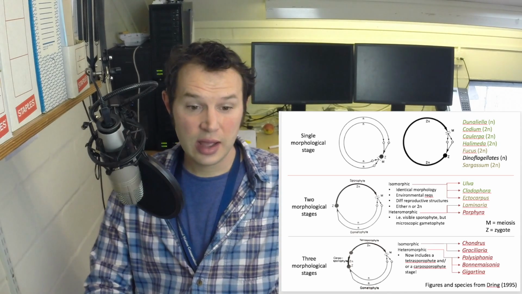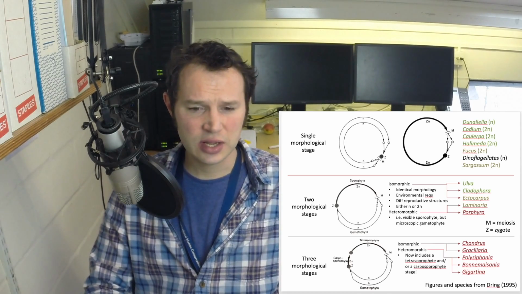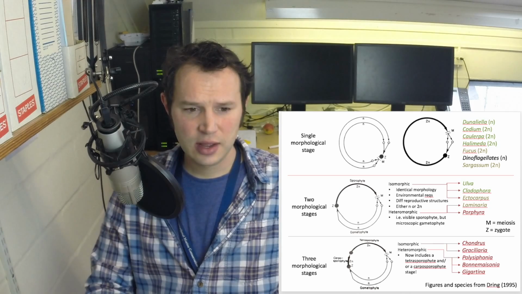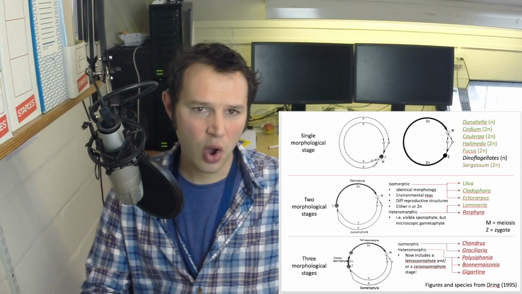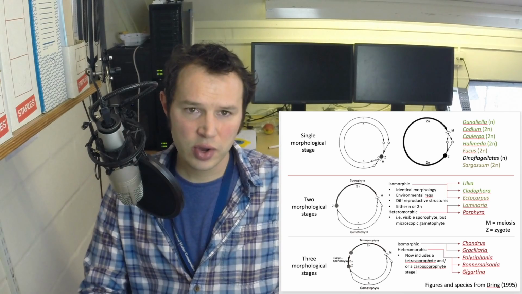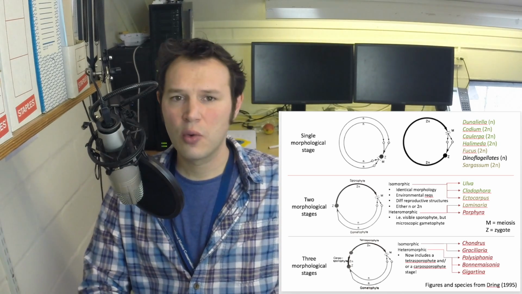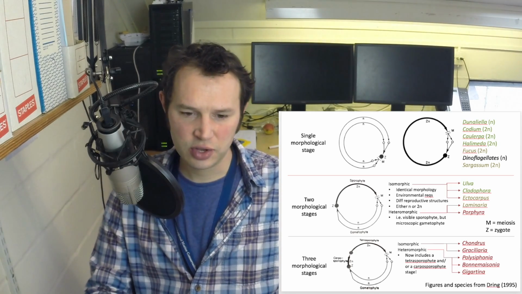The first one is the complexity of life histories of different species of seaweed. So you have a single morphological phase where everything is the same, haploid or diploid approaches, or you can have a haploid-diplontic approach that contains two morphological stages.